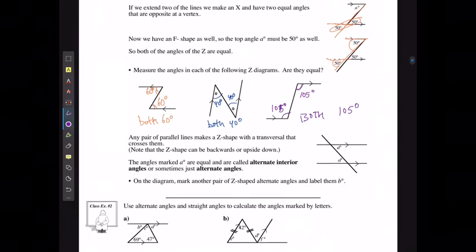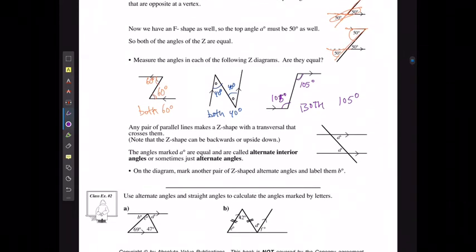So, any pair of parallel lines makes a Z shape with a transversal that crosses them, noting that the Z shape can be backwards or upside down, so we can keep rotating it like we did with the F shape. And the angles marked A are equal and called either alternate interior angles or just alternate angles.